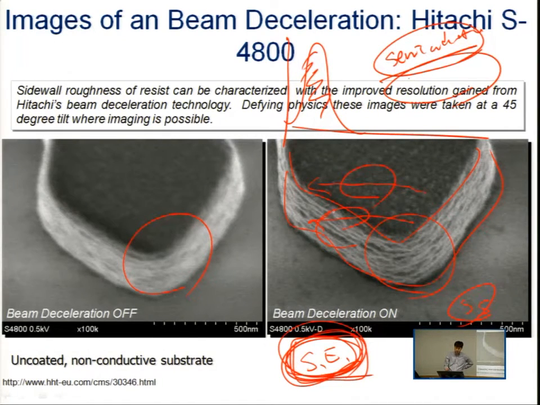So you cannot get good imaging. You don't have enough time to focus and correct the stigmation. So if you remove some of those secondary electrons, it is much more advantageous when making images, especially for insulators.